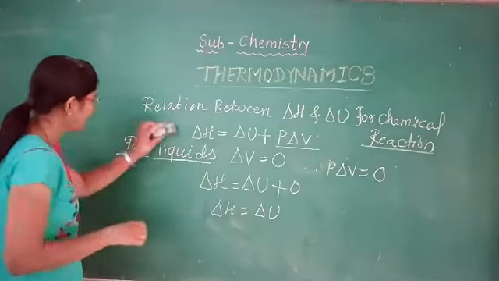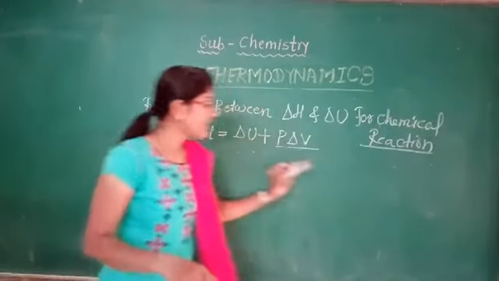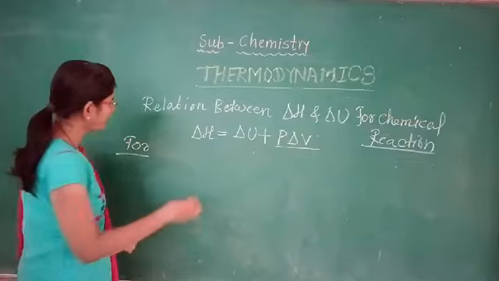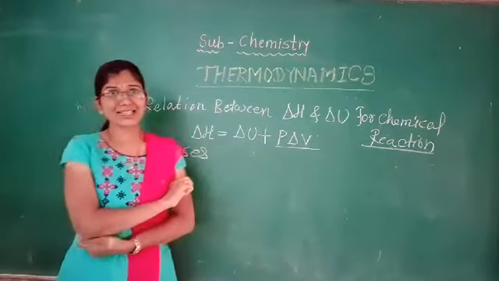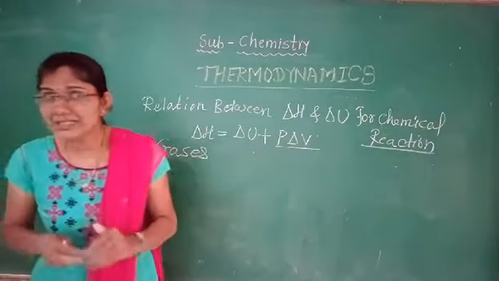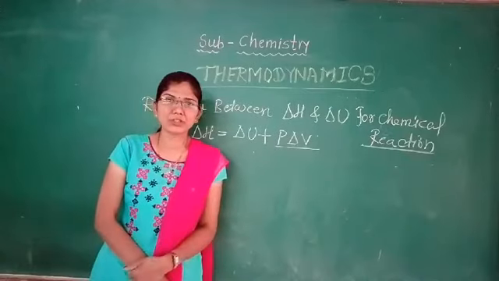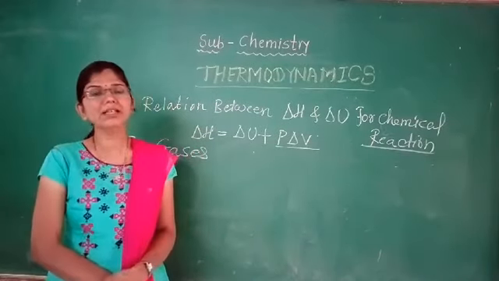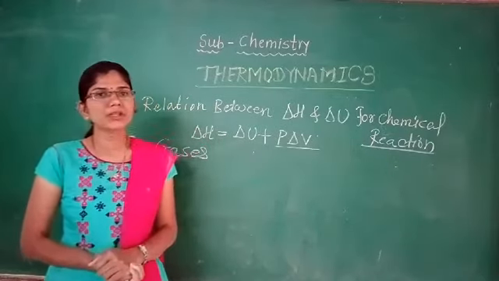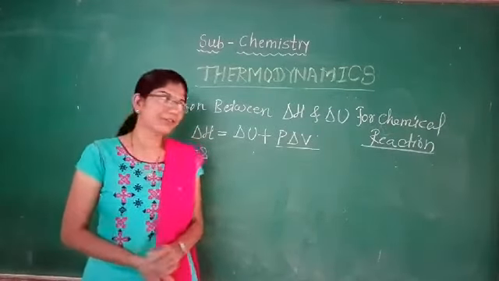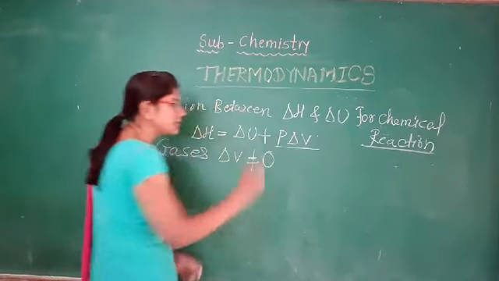Next, when we have the relation between delta H and delta U for gases, we can say that there is a considerable change in the volume of the gas molecules. There is not a negligible change in volume, but a considerable change in volume for the gas molecules, and therefore for gases delta V is not equal to 0.